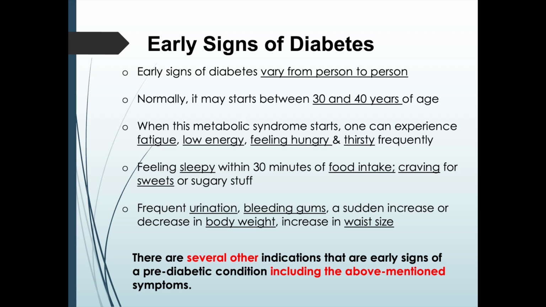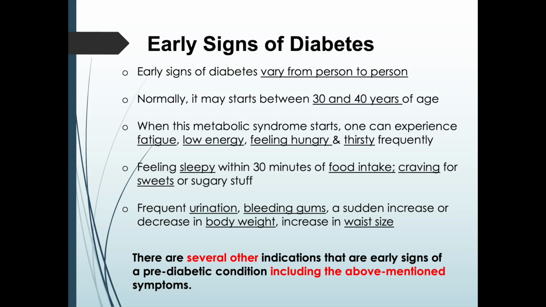Normally it may start between 30 and 40 years of age. If you don't control it at that point, and also, nobody knows that they have diabetes until they see the symptoms, and at that time when you measure the sugar level, it will be more than 300 to 400.